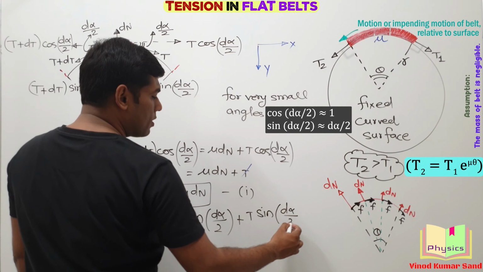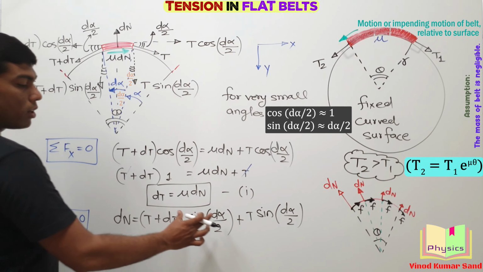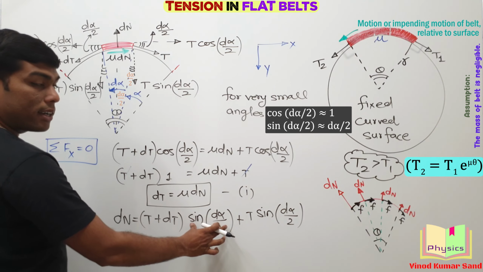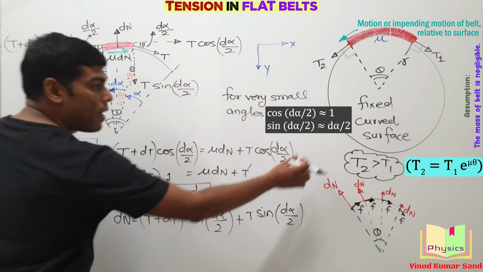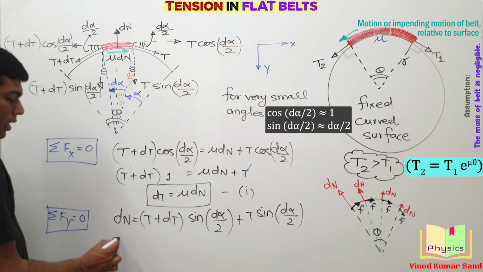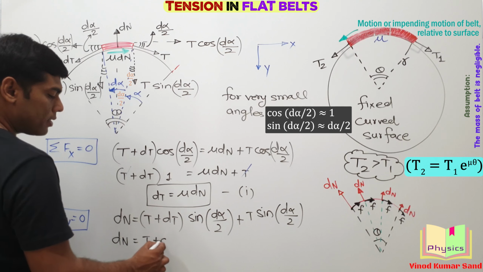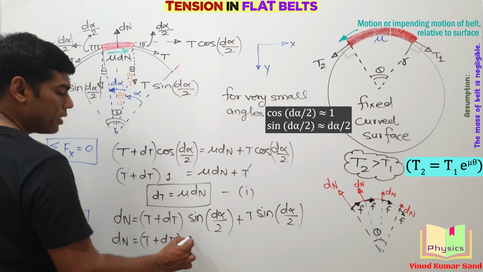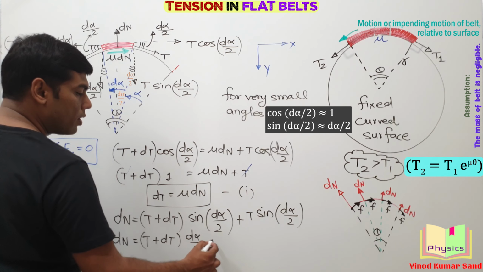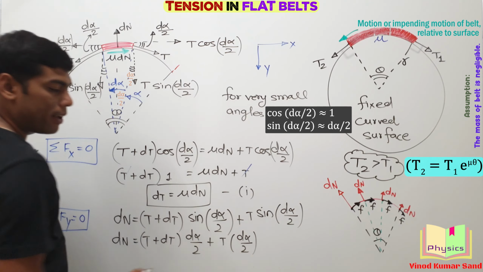Do you agree with this? Going further for the computation and taking the approximation, for a very small angle, sine d alpha by 2 can be written as d alpha by 2. Same we can do here. So the dN will be equal to what? (T plus dT) d alpha by 2 plus T multiplied with d alpha by 2.